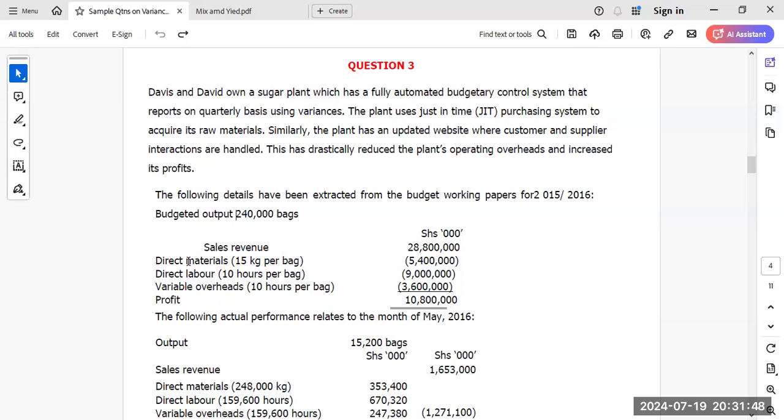So if I want to know the direct material cost per bag, I get this figure and I divide by this. But remember, as you are copying this figure, keep in mind that this figure has 3 zeros up.